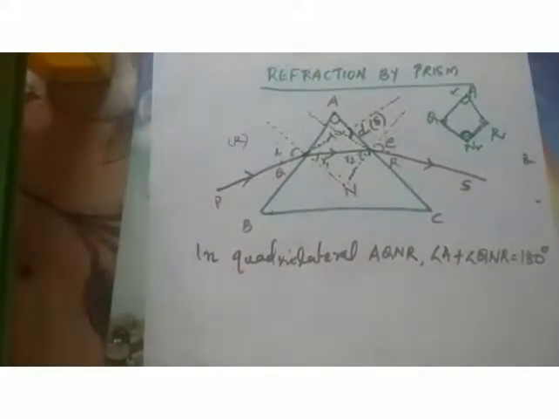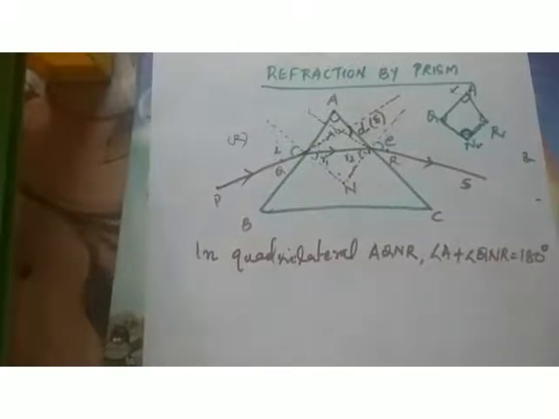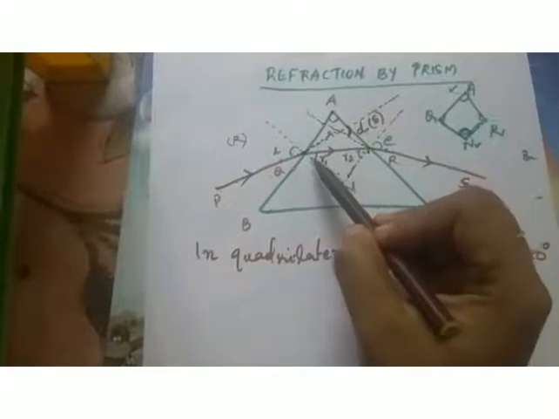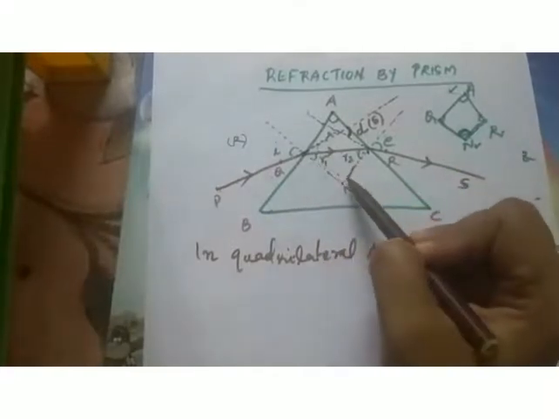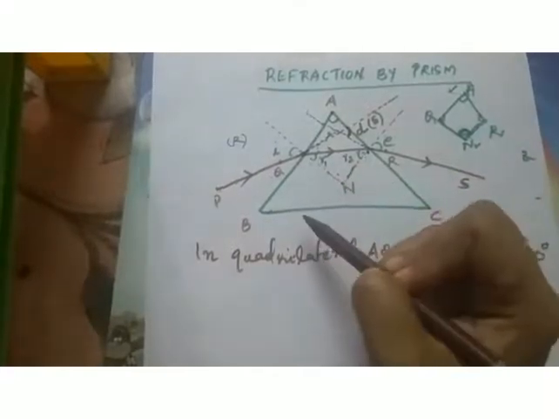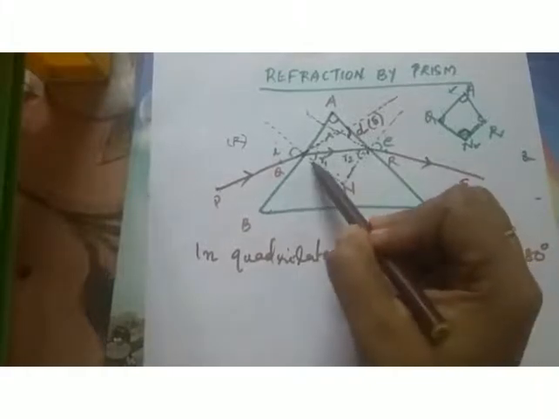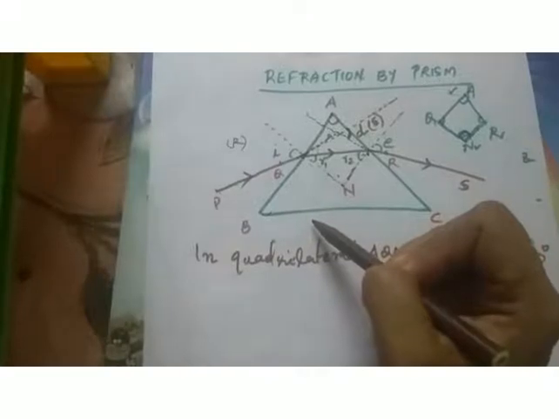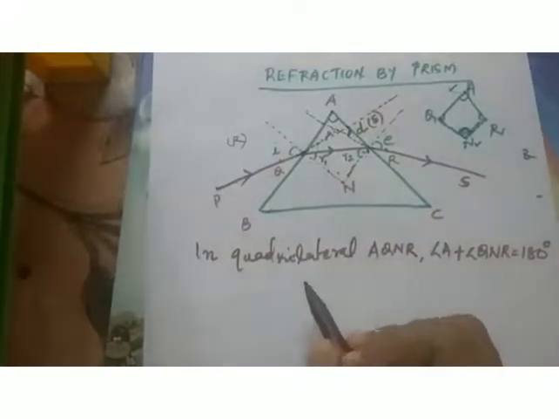Okay. Next, consider the triangle QNR. So this is the triangle QNR. Let's go to the figure, triangle QNR. And we know that the sum of all the angles in a triangle is equal to 180 degrees.